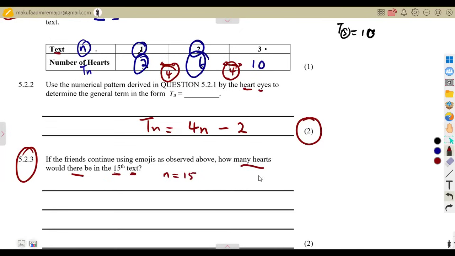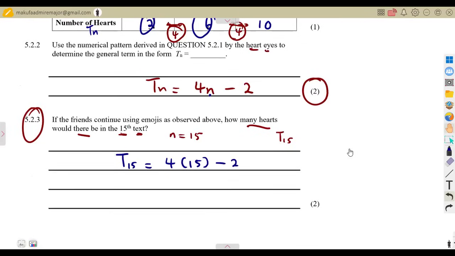Determine T15. The expression for Tn is this one. So for T15, where there is an n, you are going to substitute a 15 there.